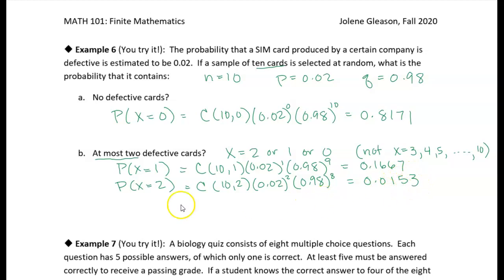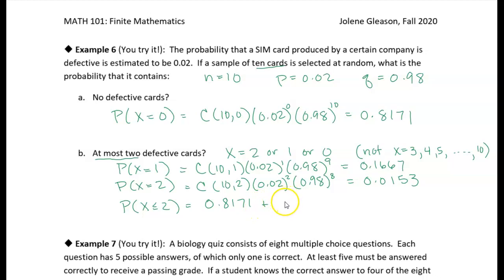Okay, so the probability that we have at most 2 defective cards, which means x is less than or equal to 2, is just going to be the sum of all of these, including the case where x is equal to 0. So I'm going to add in 0.8171, so that's exactly 0.